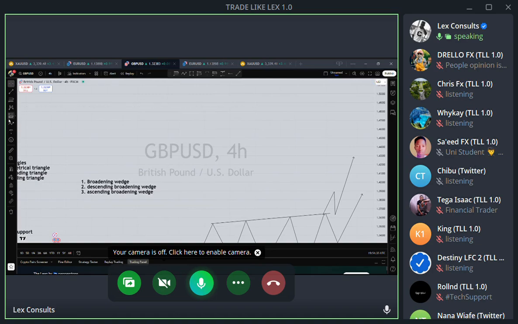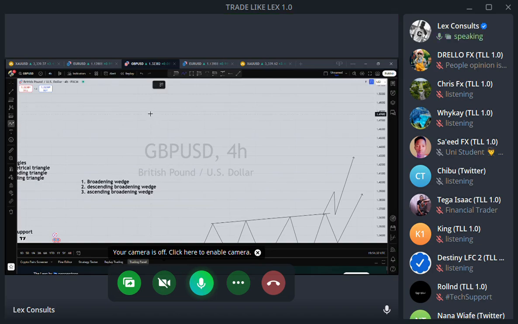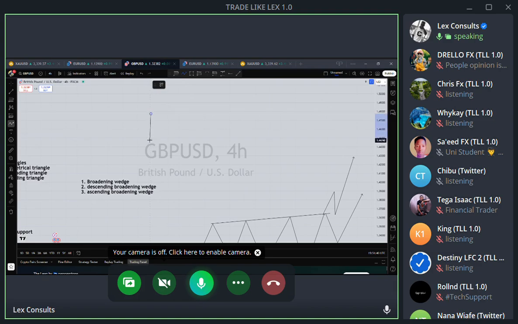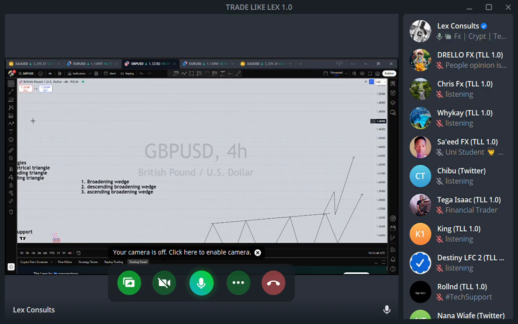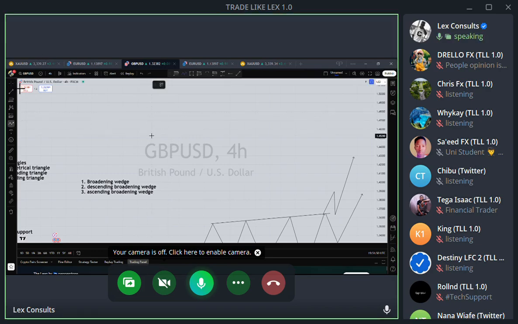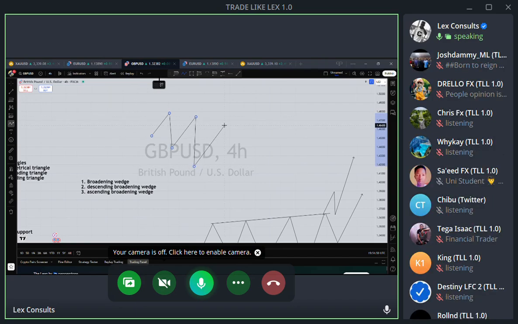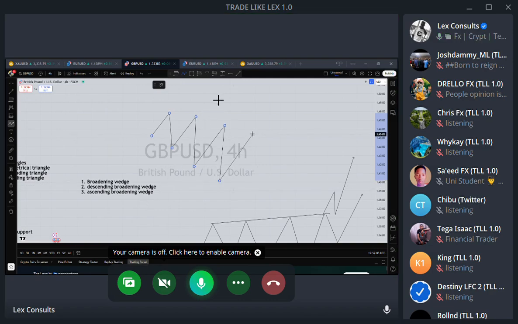For the descending broadening wedge, as price is expanding, the pattern is falling even as price is expanding. Okay, I think I made a mistake with the starting. Okay, so we have something like this. So as it's expanding, it's still falling. Like the pattern is still falling. It's not easy to actually get the pattern.